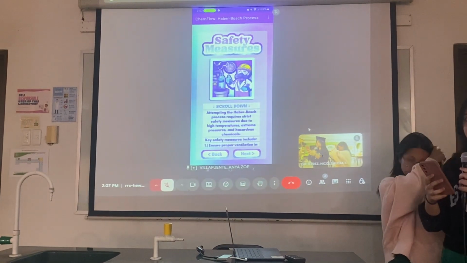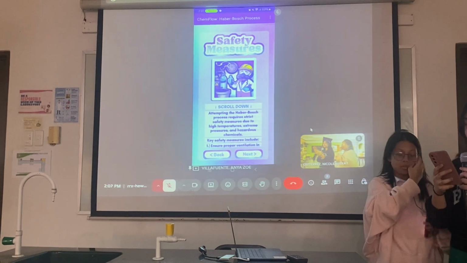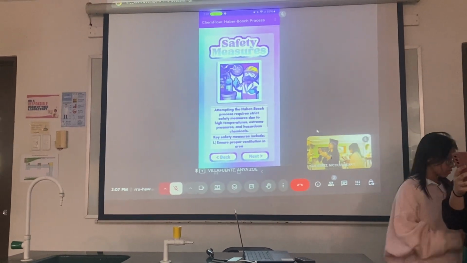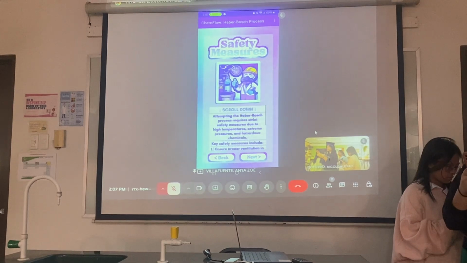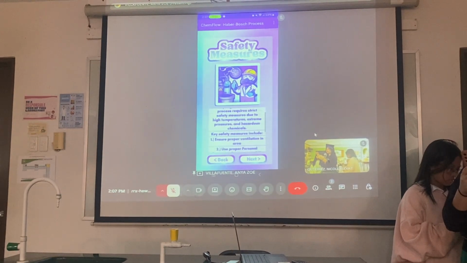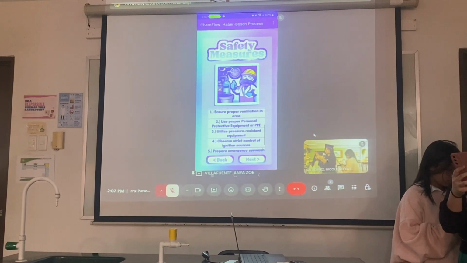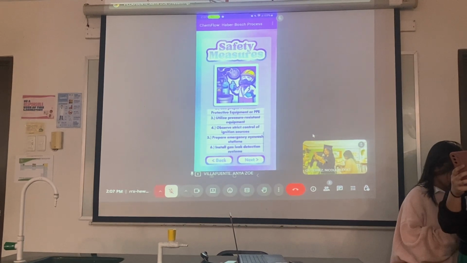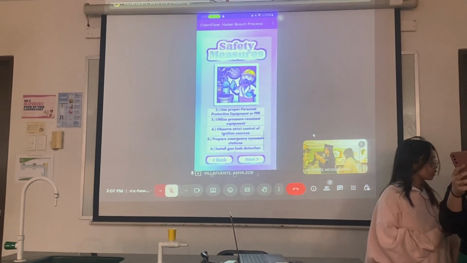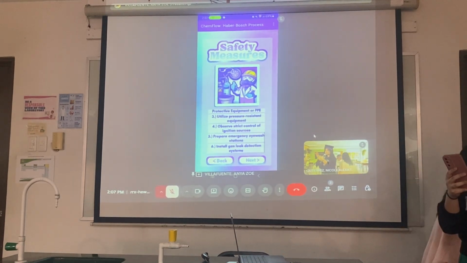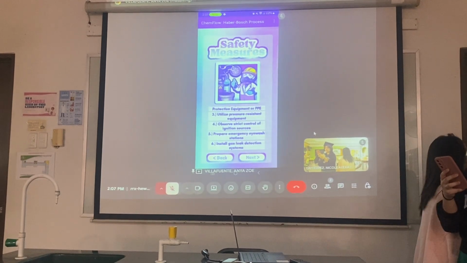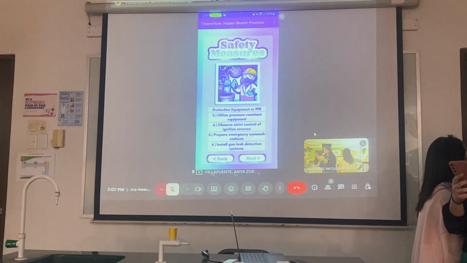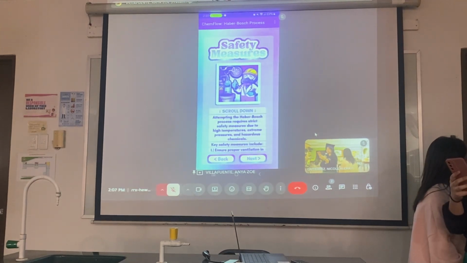And we have safety measures, of course, to make sure that nobody gets hurt when they study this process. Key safety measures include proper ventilation, PPE or personal protective equipment, pressure-resistant equipment, strict control of ignition sources, emergency eye wash stations, and gas leak detection systems to ensure safety.